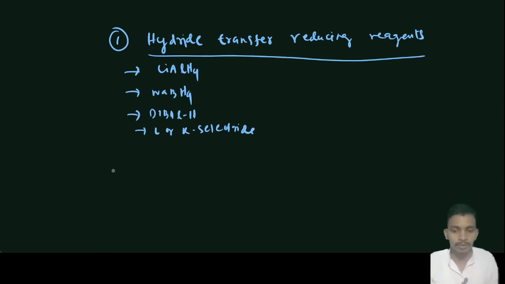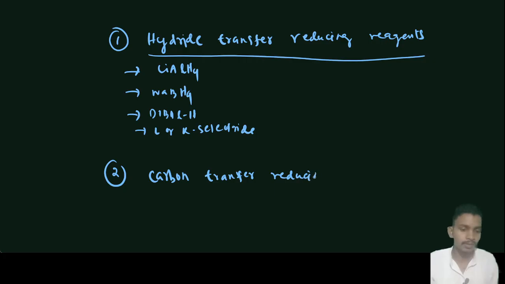Now another type of reducing reagent is carbon transfer reducing reagents, meaning the carbon has a negative charge. So carbon transfer reducing reagents means something like C minus will be there, and that will transfer.